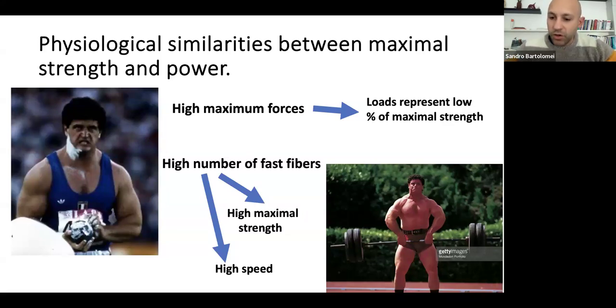Okay, in the picture you can see an Italian shot putter of the 80s who was Olympic champion in Los Angeles 1984, and of course he was able to accelerate the shot, which for male athletes is 7.2 kilograms, a lot, but he was also very strong. His one rep max bench was about 270 kilograms.